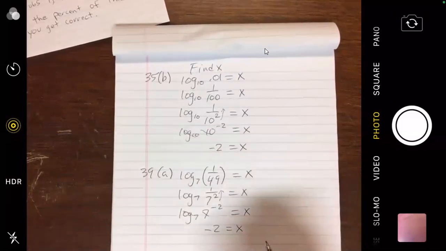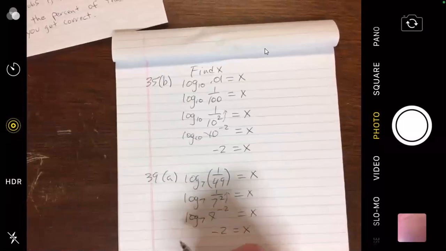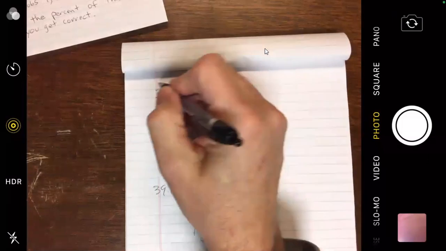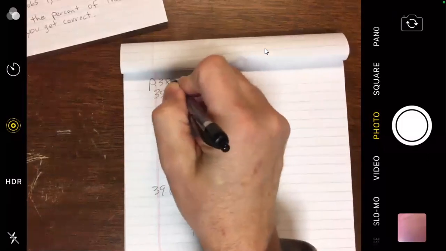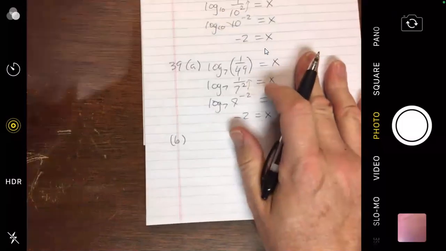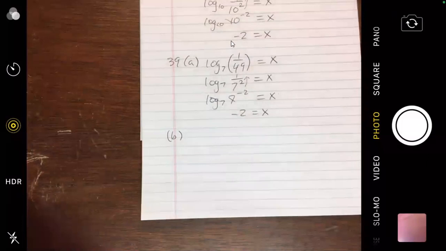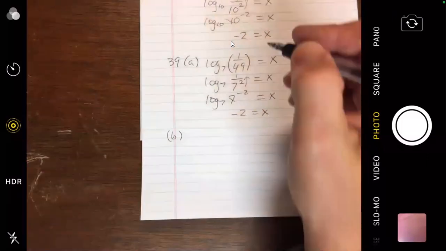How about 39b? By the way, these are on page 388. Oh yeah, we're still on the same page. 39b, log base 2 of x equals 5.